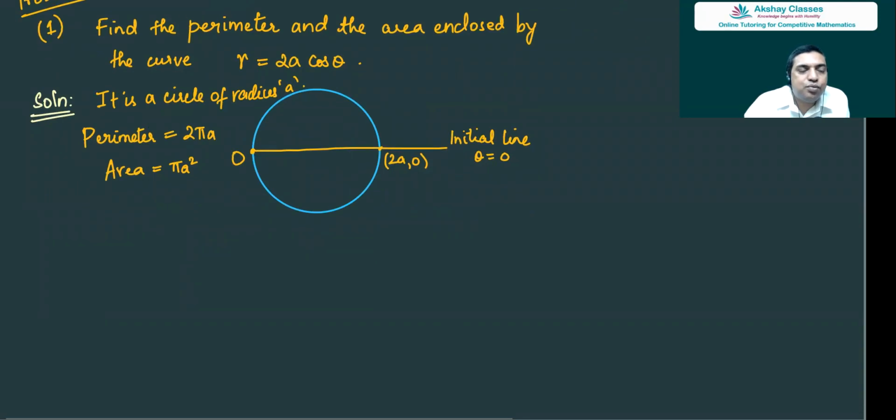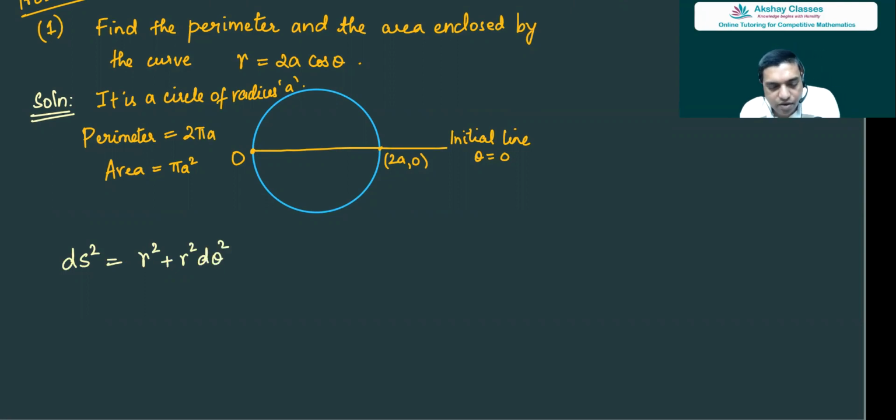However, we'll do an integral in polar coordinates. It is important. Okay. Integral in polar coordinates. We should remember the perimeter: ds square in polar coordinates is dr square plus r square d theta square, or r d theta the whole square.